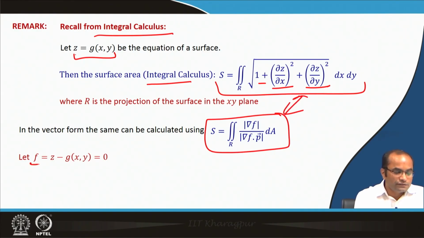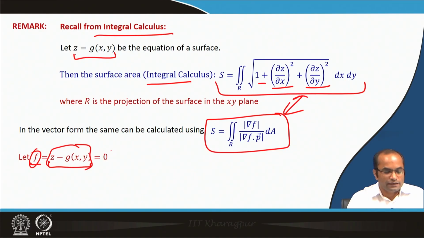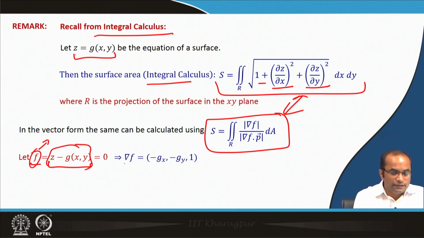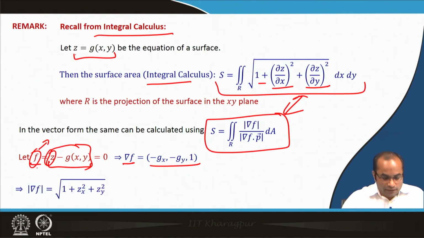So, if we consider f as z minus g(x, y), because the surface was z equal to g(x, y), we have just defined this function f equal to 0, it is like the level surface of f will be exactly this given surface. Then grad f we can compute, which is the partial derivative with respect to x, that is minus g_x, minus g_y, and then with respect to z we will get 1.